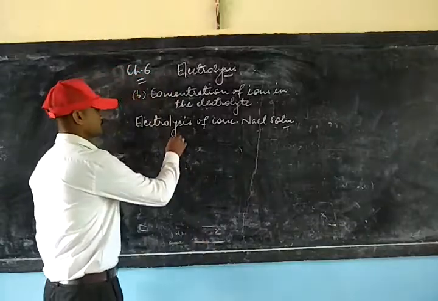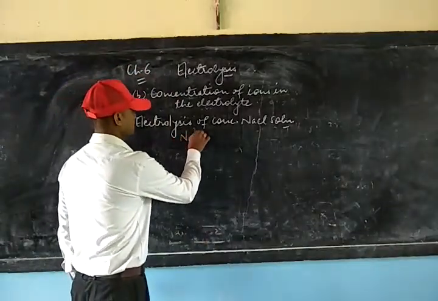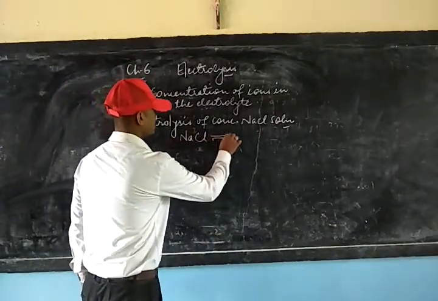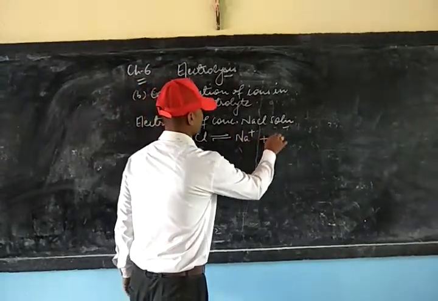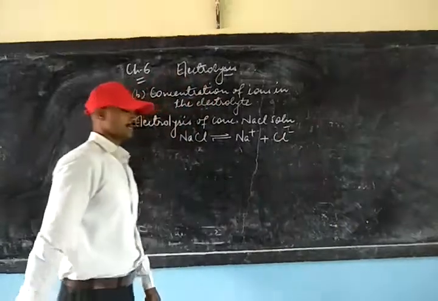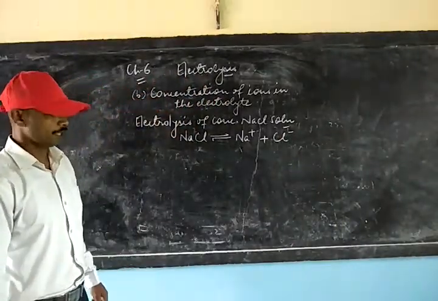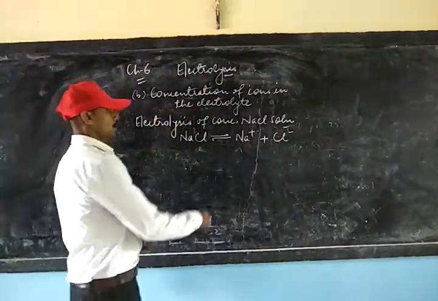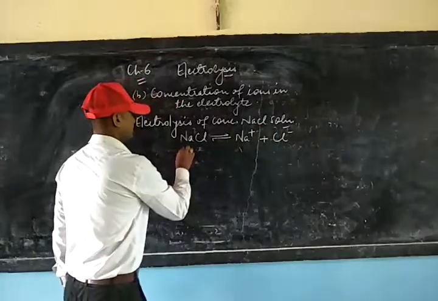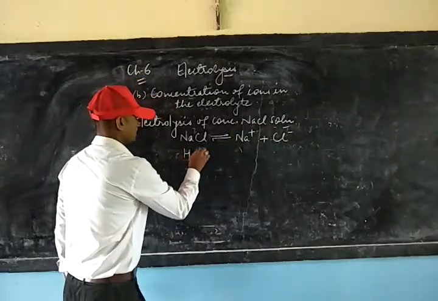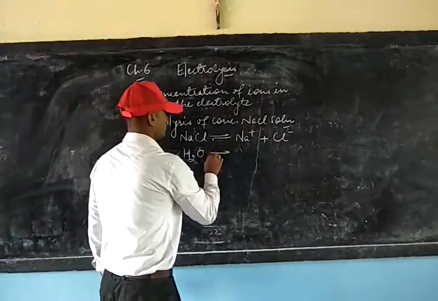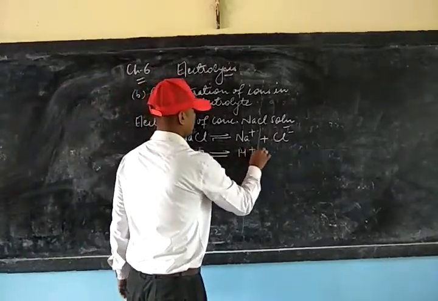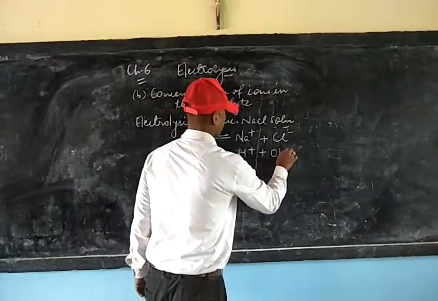Sodium chloride, NaCl, will be dissociated to give Na+ and Cl-, that is chloride ion. Now since it is a solution, water also will be ionized to give H+ ion and OH- ion.